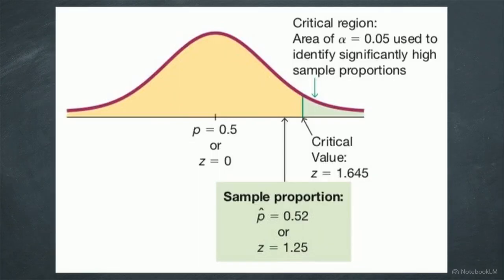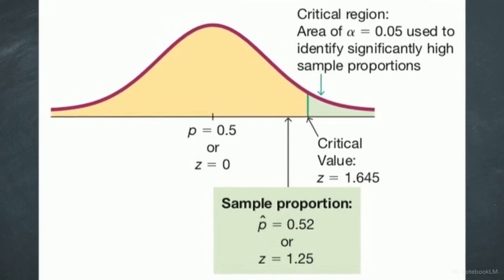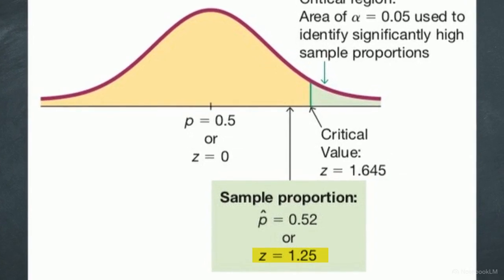We verify this using method 2, the critical value method, which relies on boundaries rather than probabilities. An alpha of 0.05 establishes a critical boundary on our normal curve at a z-score of 1.645. Our sample scored a 1.25, falling short of this green critical region. Once again, we fail to reject. A third method involves confidence intervals.